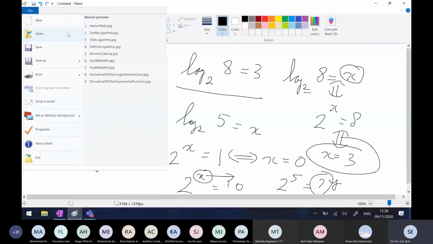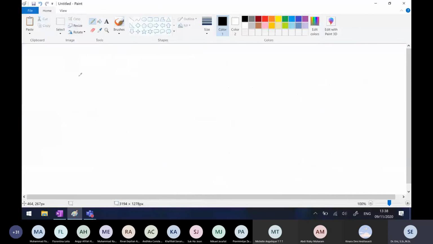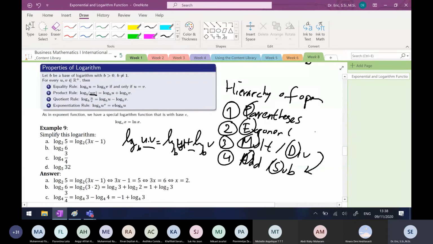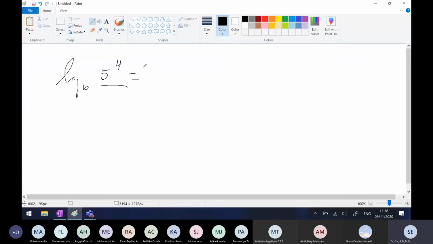So if I have the other one, log with base b, maybe 5 to the power of 4, this is exponentiation. Exponentiation is the second on the hierarchy, but with logarithm, it will change hierarchy. It will go down by 1.